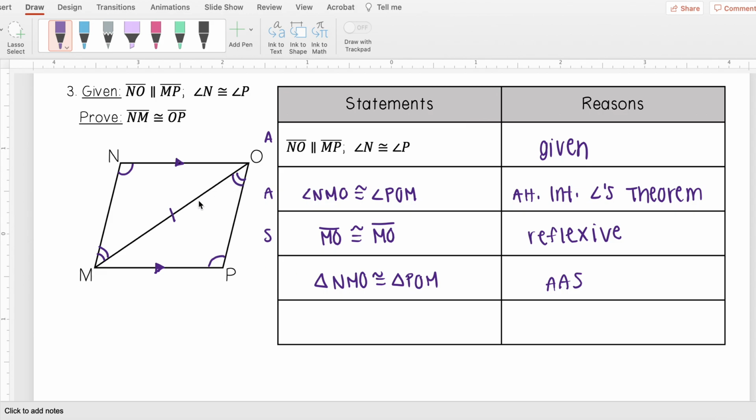This one I had to go by how my angles lined up. So I see that it goes N, M, and then O. And then here, the P had also the one arc mark, the O had the two, and then M. Now, since I have congruent triangles, the corresponding parts are also congruent. And that is by CPCTC.